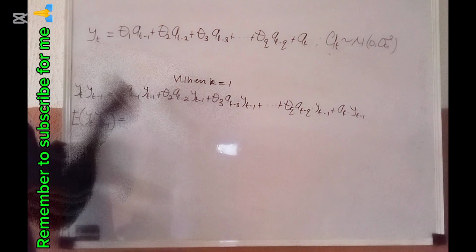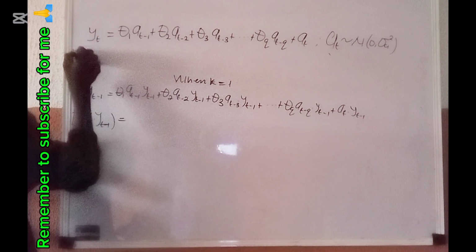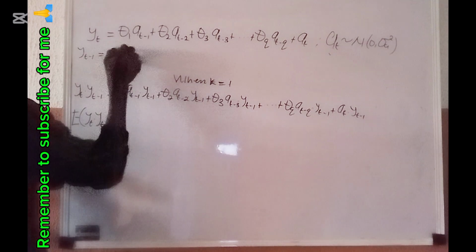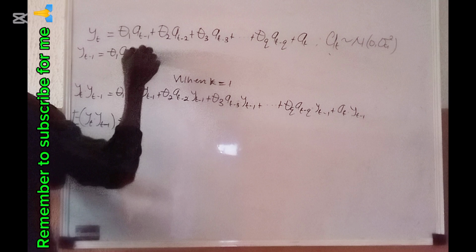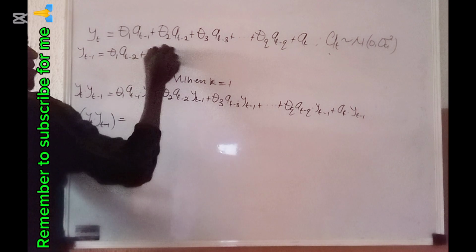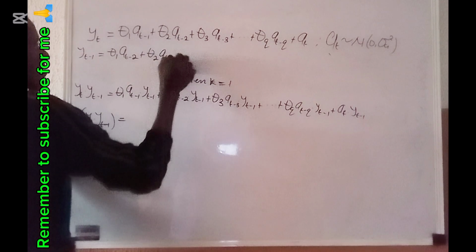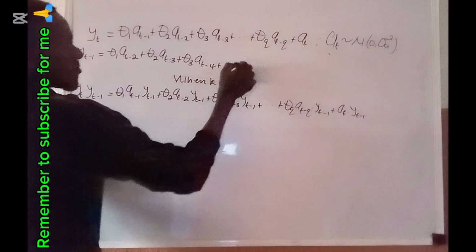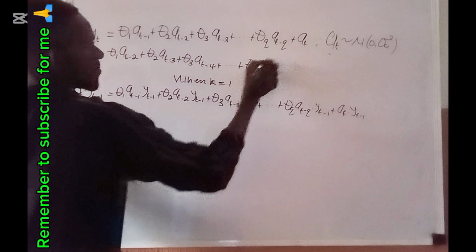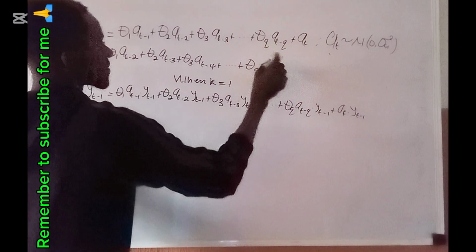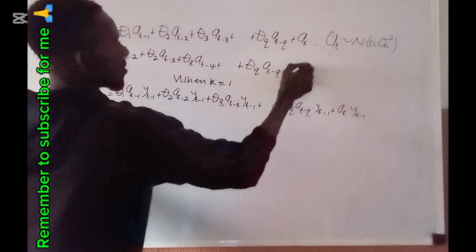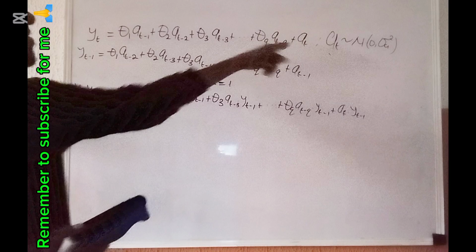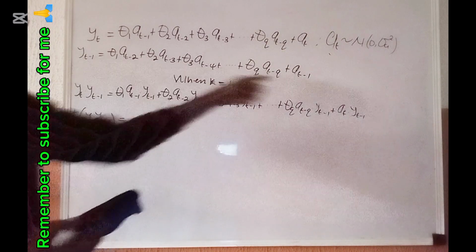If here is y of t and now we are talking about y of t minus 1, it means that y of t minus 1 will now be given as theta 1 a of t minus 2 plus theta 2 a of t minus 3 plus theta 3 a of t minus 4 plus theta q a of t minus q plus a of t minus 1. So if you have this, it will be written this way.